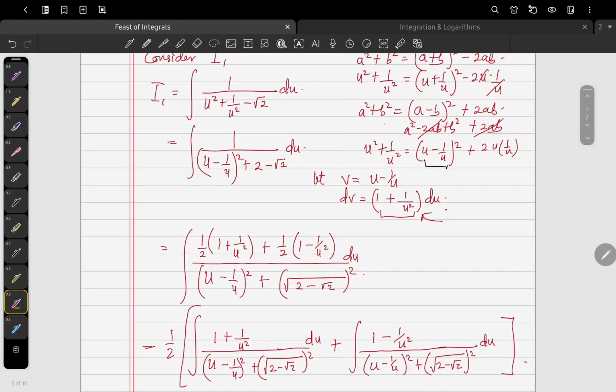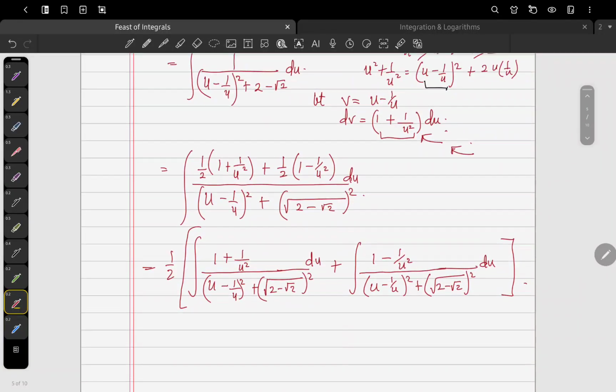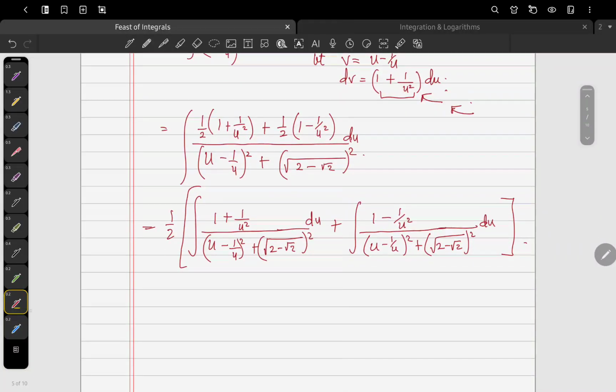Perfect. So we can now go back to our v substitution. We have said v is equal to u minus 1 over u, and dv is 1 plus 1 over u squared du. So if we take this as we have used I1 and I2, let's take this as I1a and this as I1b.